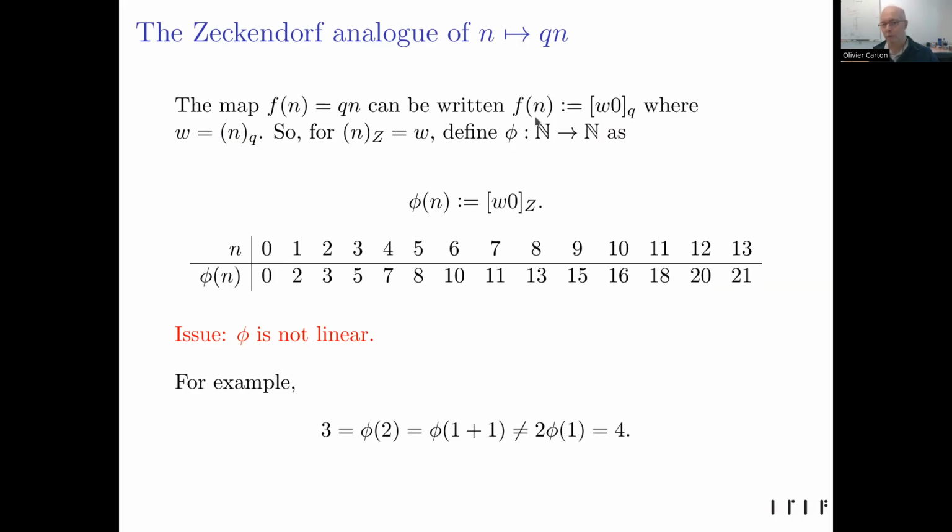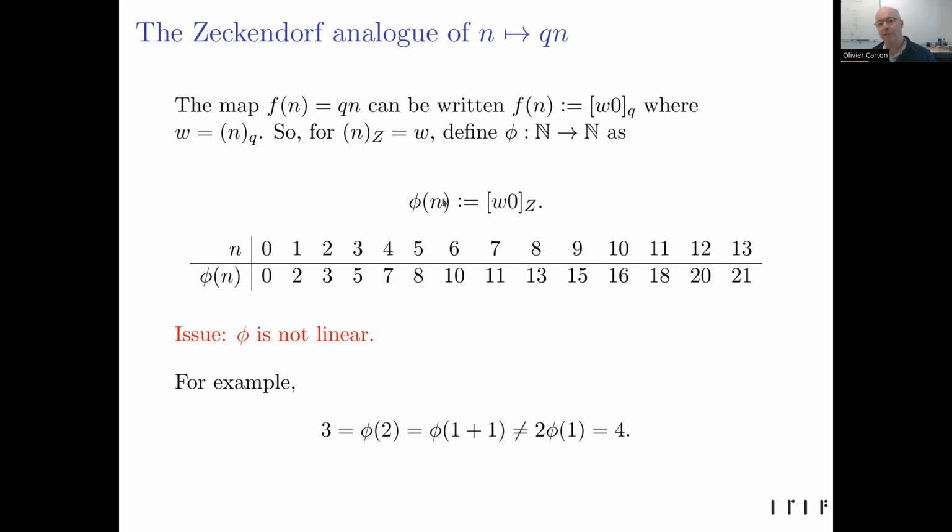We take an integer n, and we suppose that its Zeckendorf expansion is a word w over 0, 1, with no consecutive ones. And then we add a 0 at the end. So the function that we use is called little phi, and little phi of n is the Zeckendorf value of the word w0.